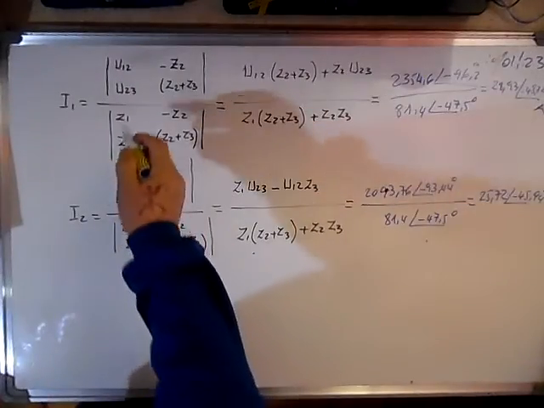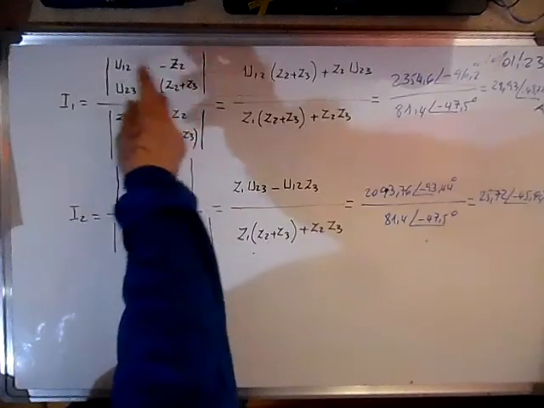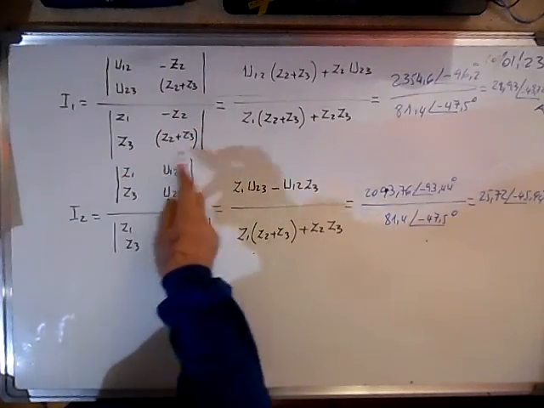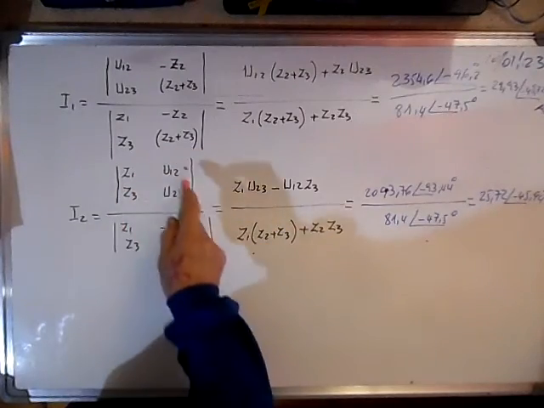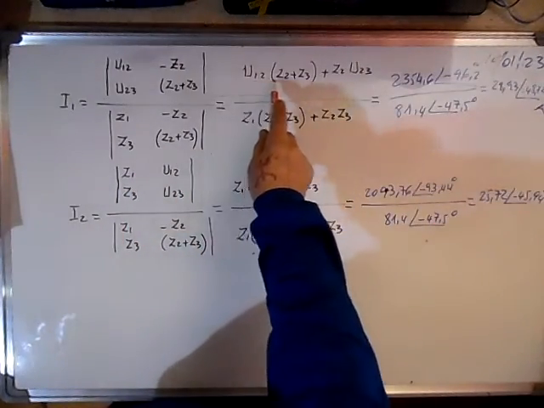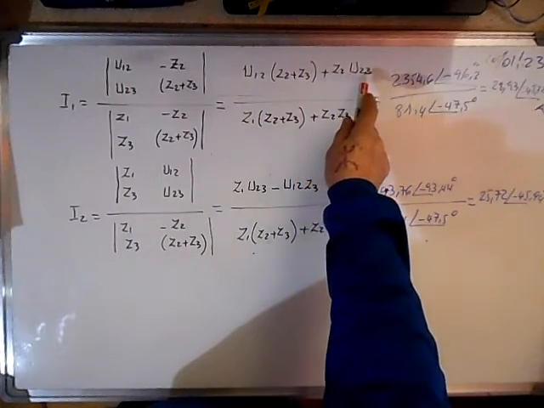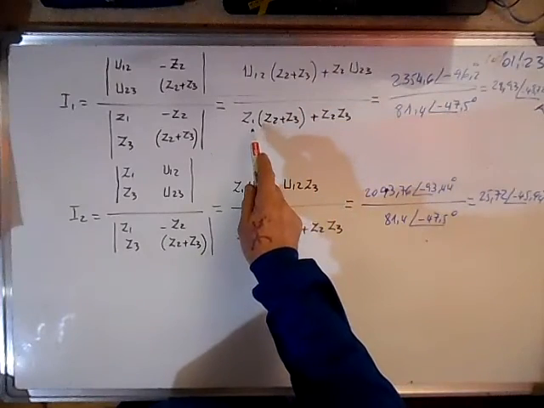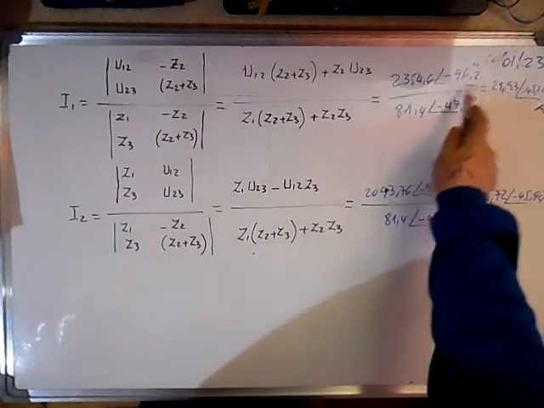So I1 will be, we use the determinant divided by this, and this one divided by this will give us I2. U12 times Z2 plus Z3 plus Z2 U23, over Z1 times Z2 plus Z3. The results are here.